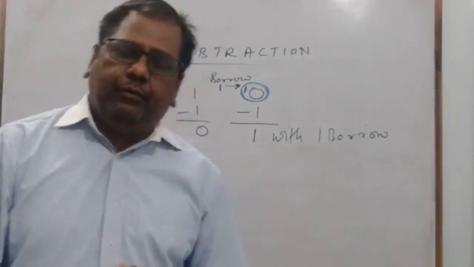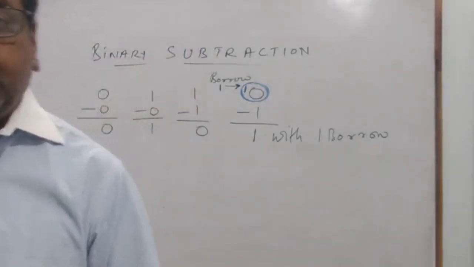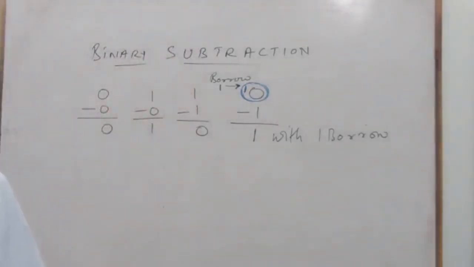This is what you have to do in the binary subtraction. So you have to follow and remember the rules carefully. When you are subtracting 0 from 0, you will get 0.